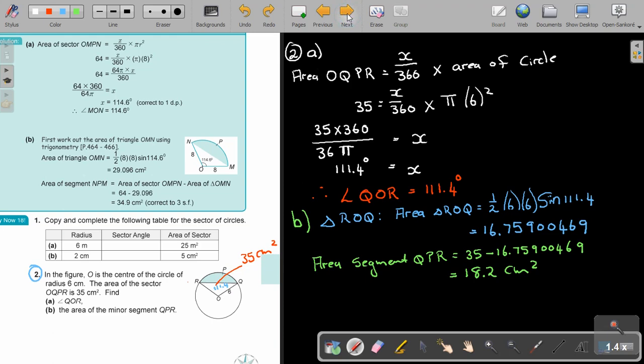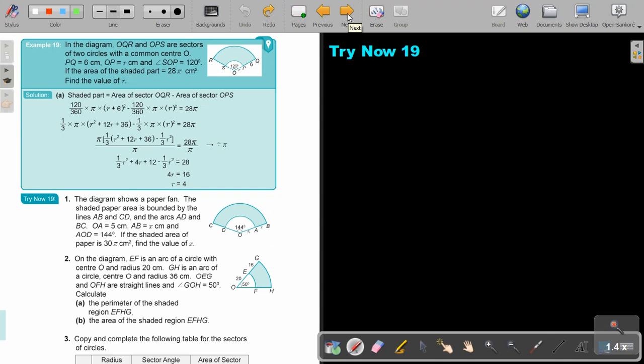Okay, let's look at the last one in this example in this video. In the diagram, these are sectors, this one and this one. Center O. PQ is 6, that one. OP is R. Angle is 120.